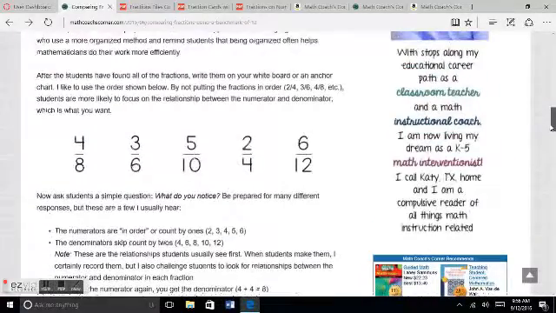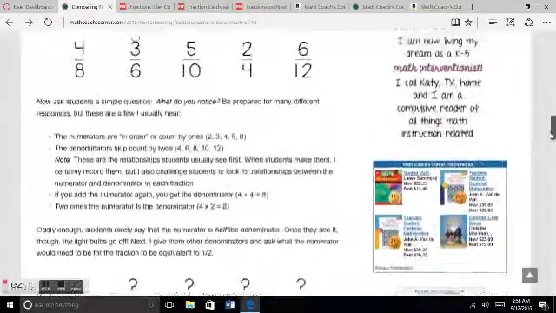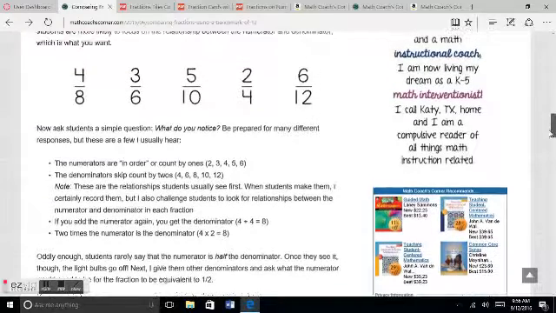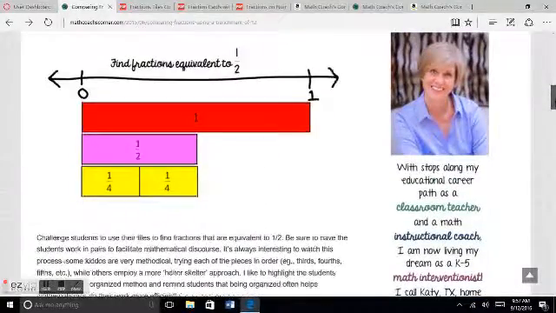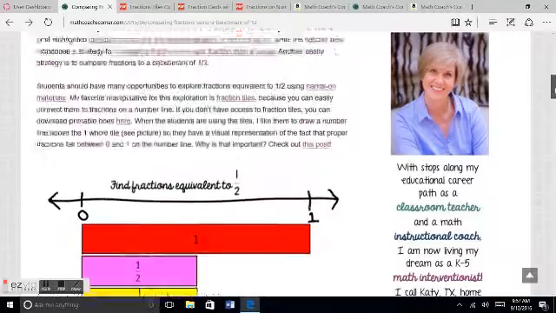It also helps them develop number sense because you're comparing between different numbers. They're visualizing it. They're talking through their thinking, so they're really developing their number sense of what a fraction is and what a fraction looks like. And then they're building fluency with the cards at the end.